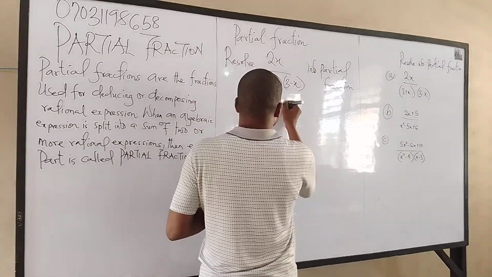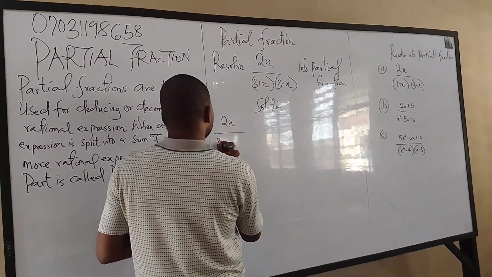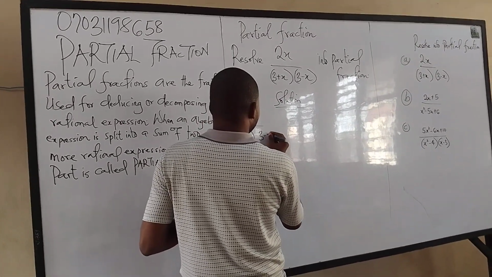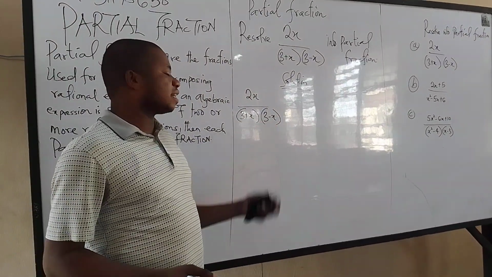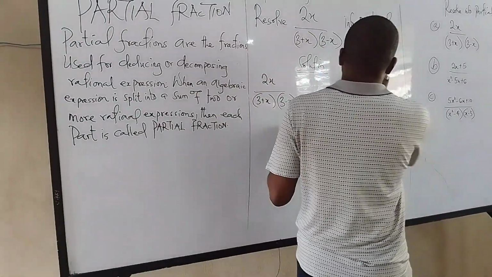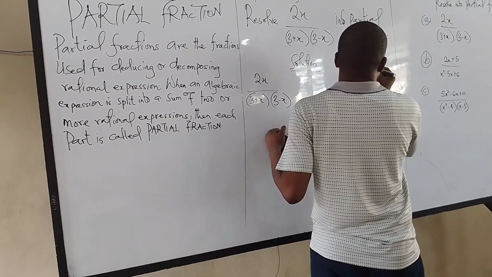Solution. I have 2x all over 3 plus x into bracket 3 minus x. When you look at this thing together, you find out that what we're having here is just difference of two squares, in the sense that 3 plus x, then 3 minus x.